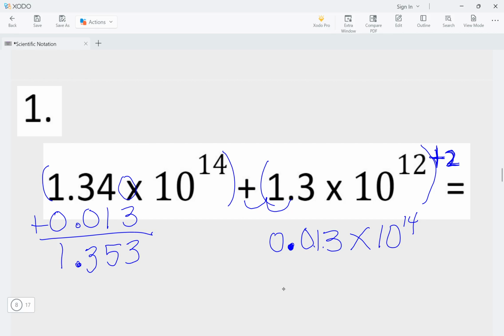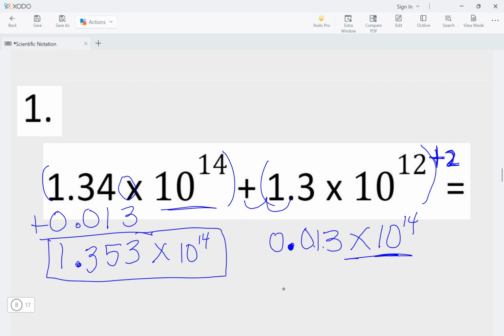So this is going to be my number between 1 and 10, and I keep my power of 10, which now they're both 10 to the 14th. So this right here would be my final answer, and I don't have to worry about changing anything because my final number in the front is between 1 and 10.